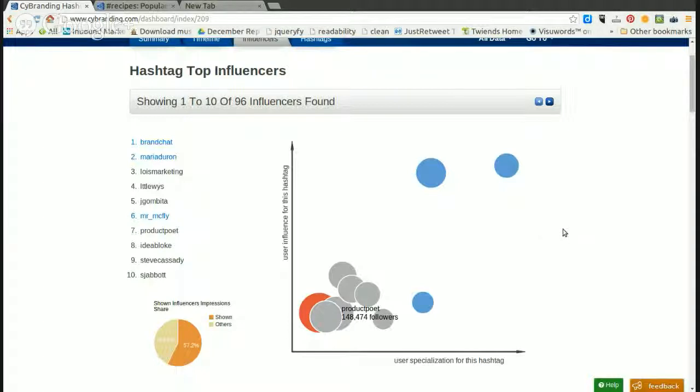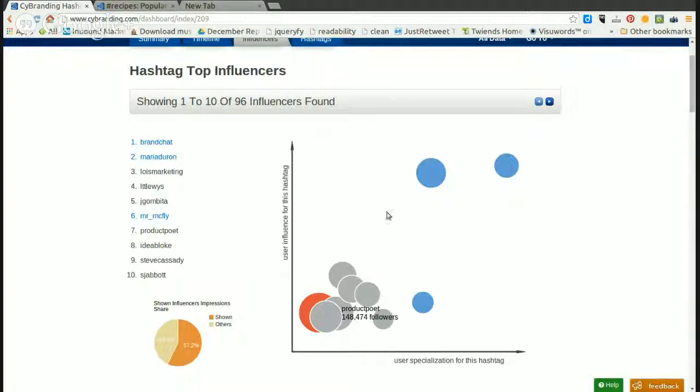As I was telling you, you could do it by hand. You just use Twitter, you start following the hashtag, you read a lot of tweets, and you will find out who are the most listened to people, who are the point of reference for the community.